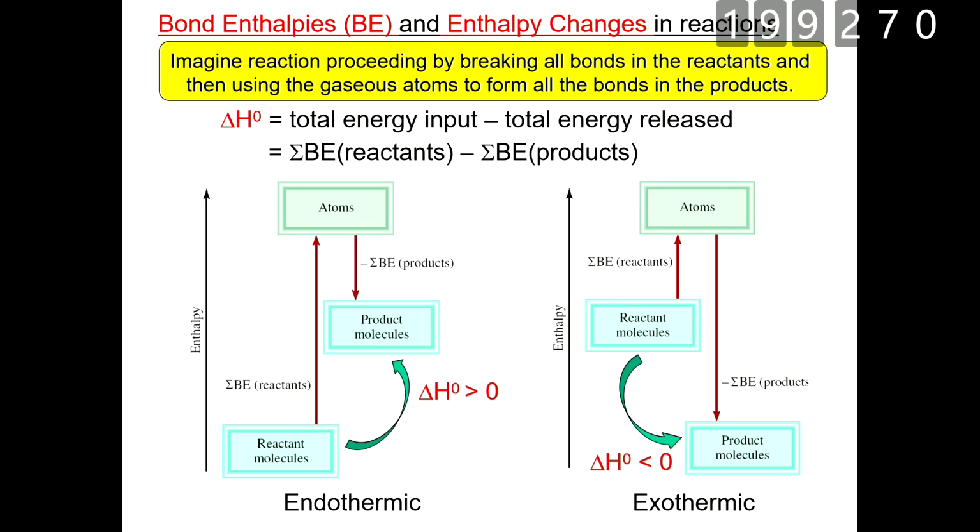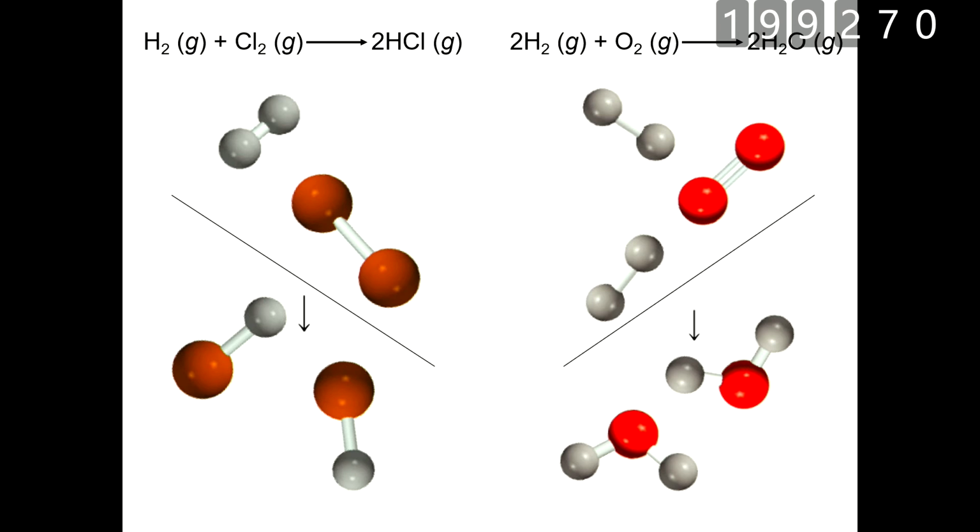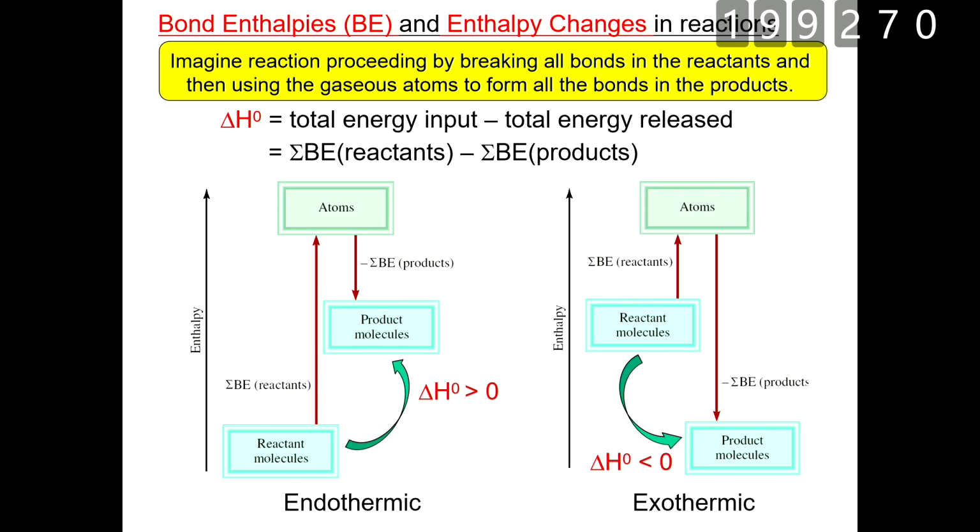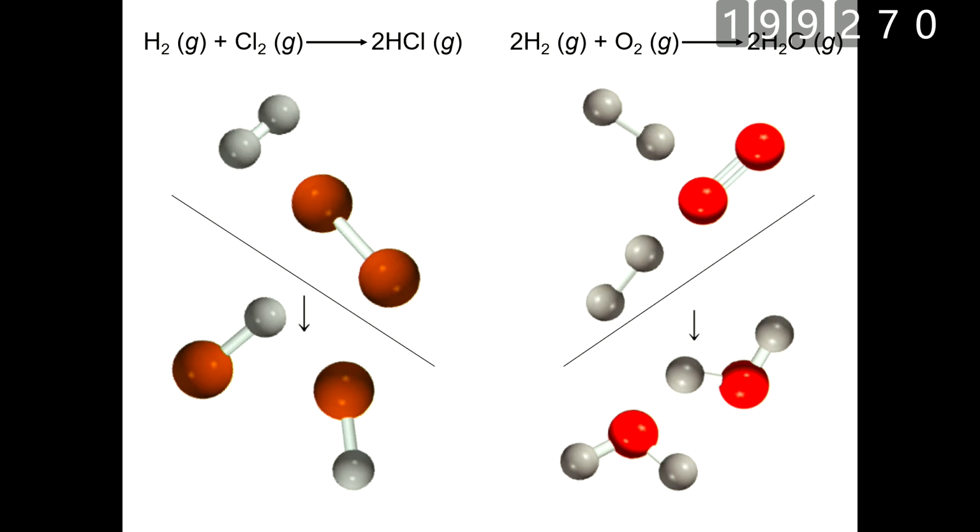So we can use the bond enthalpies to calculate the reaction enthalpies. The process is like this. For example, for this reaction, hydrogen gas reacts with chlorine gas to form HCl gas.